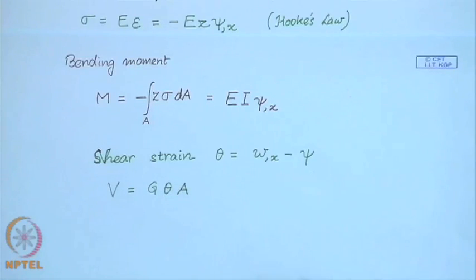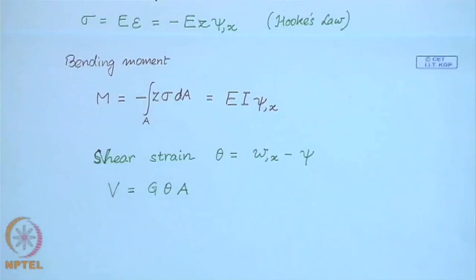Now, as you know from what we learn in mechanics, the shear stress is not uniformly distributed over the cross section. So, just multiplying it with the total area of cross section is actually going to overestimate the shear force. The shear force will be less than just a product of the shear stress and the area of cross section.